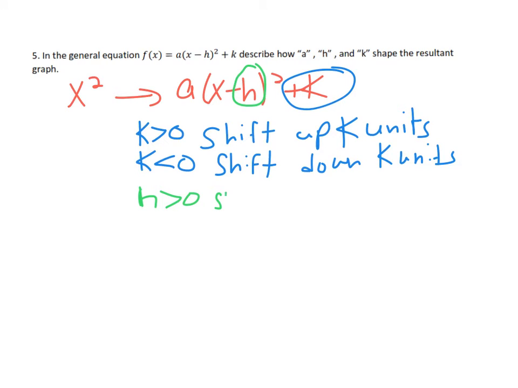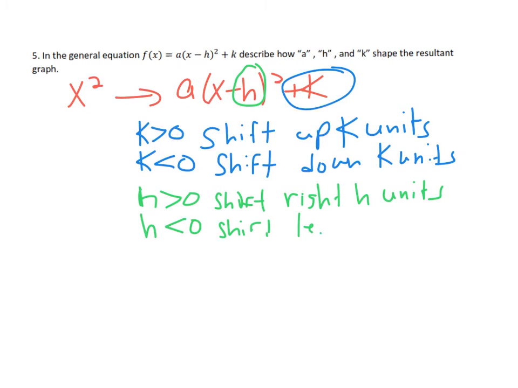Well, that we know moves in the opposite direction you would expect, so that's going to be shifting to the right h units. On the other hand, if h is a negative number, if it's less than 0, then I'm going to have x minus a negative, so then it's going to be plus, and so then it's going to be shifting left h units.